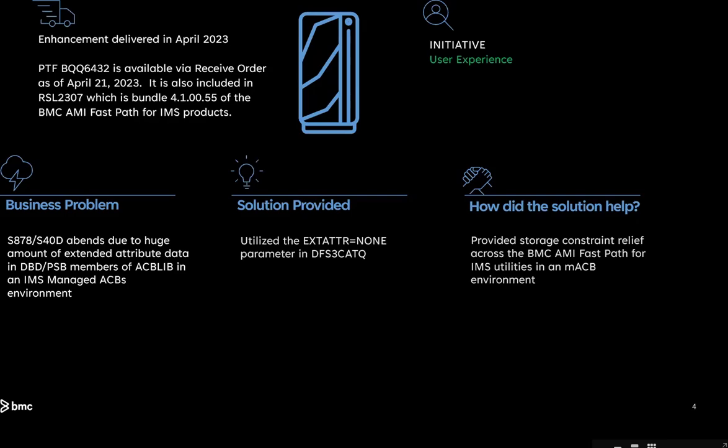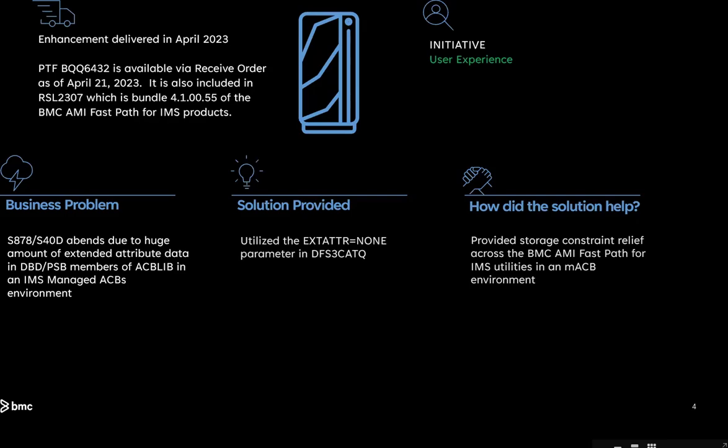The solution that we provided had to do with IBM having added a new parameter called EXTATTR equal to NONE, extended attributes equal to none, in the DFS3CATQ catalog API via APAR PH39492, in order to help skip reading extended attributes, which is not required by most of the BMC-AMI fastpath for IMS utilities.